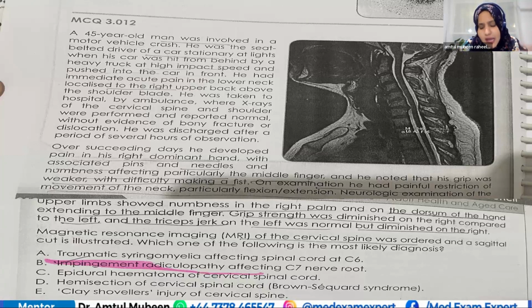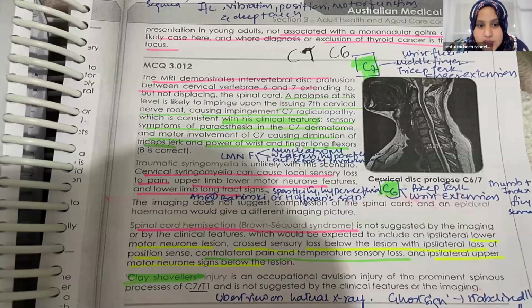As per the explanation, you might think, okay, it's an impingement, but that's not the way you're going to read and approach. The actual way to approach this question is first see the MRI picture. You can see something is being trapped over here.